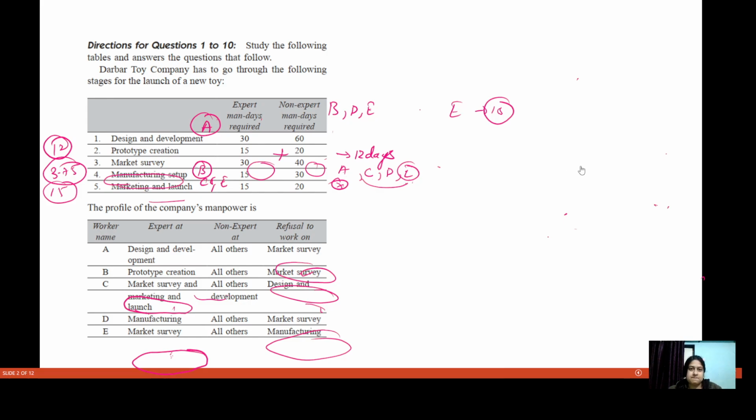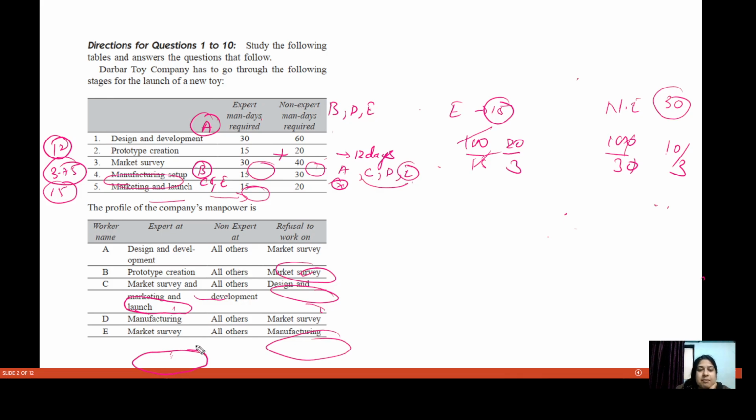So 100 by 15 and 100 by 30. So we have this 20 by 3 and we have this 10 by 3.